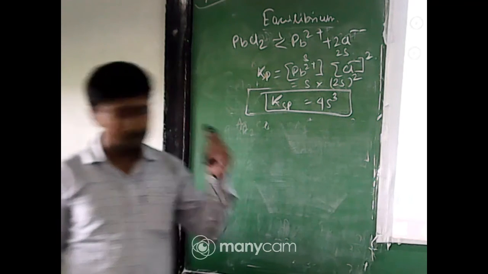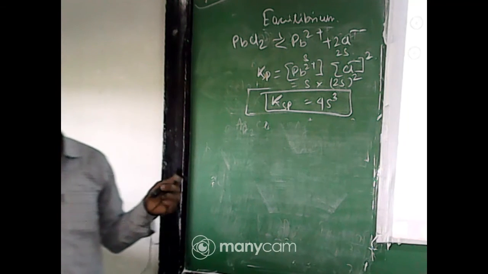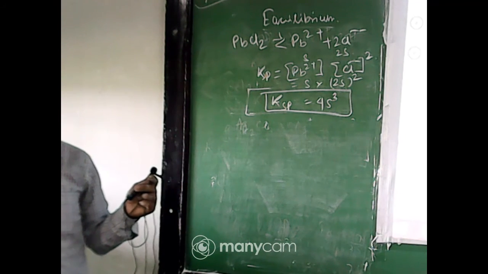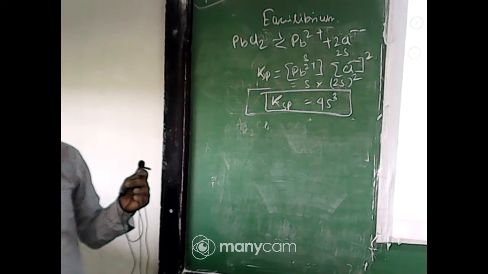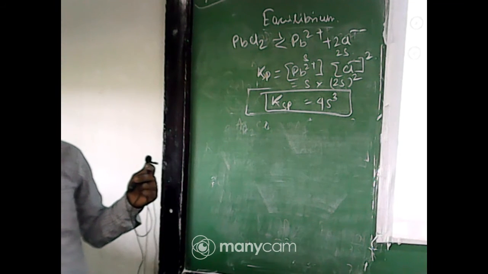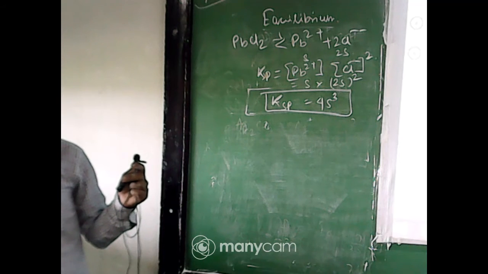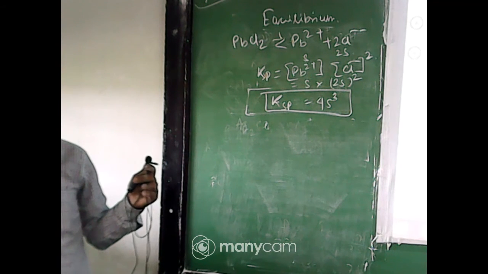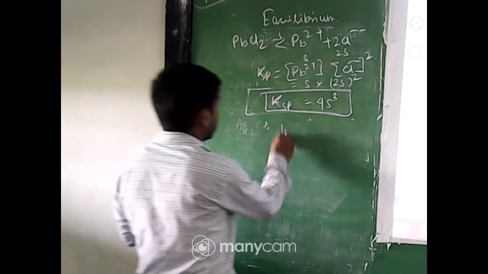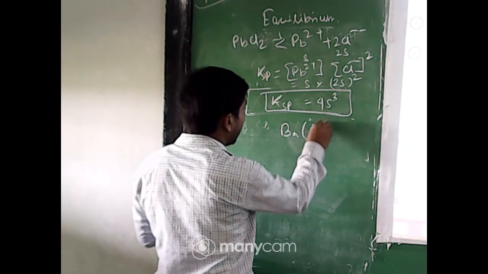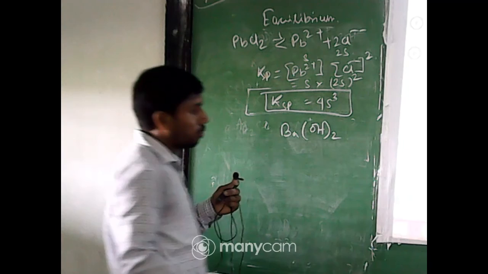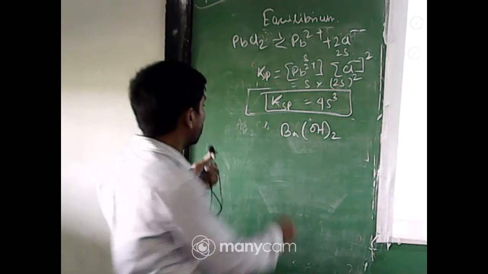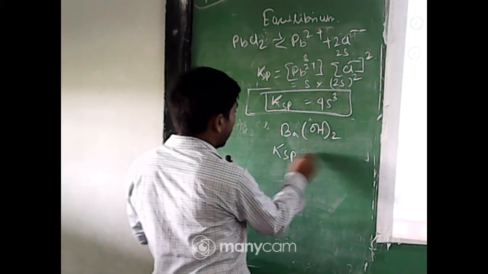So you try it, try for example, I am giving one, barium hydroxide. Now what will be the relation between Ksp and S?